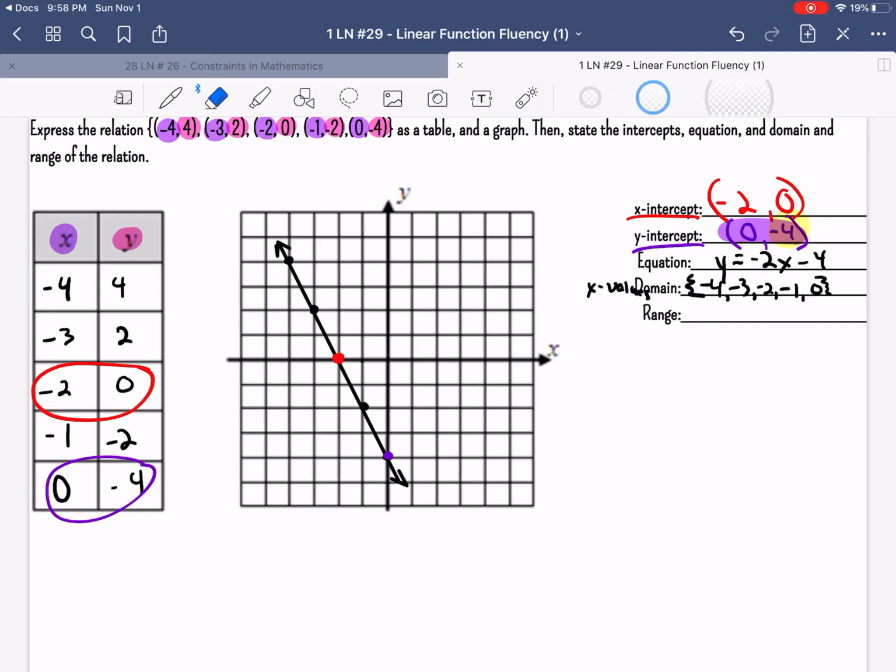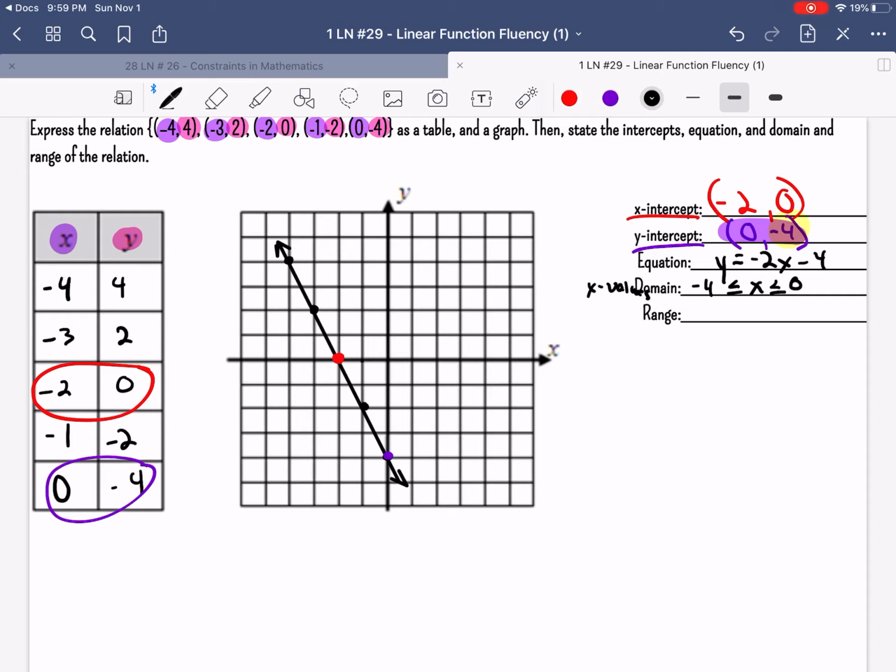But you can do it that way, so you could just write out all the x values. Or you can say that x is between -4 and 0. So whichever way you want to do it, you can.